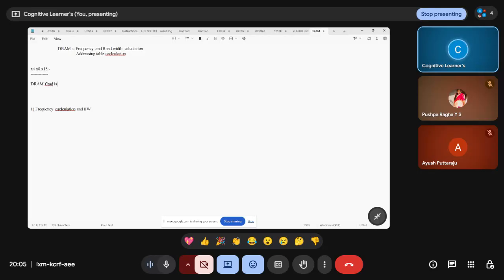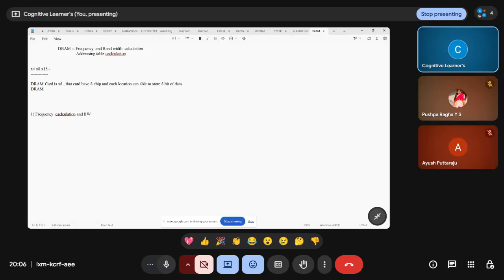The DRAM card is cross 8. That card has 8 devices, 8 chips, and each chip, each location, is able to store 8 bits of data.